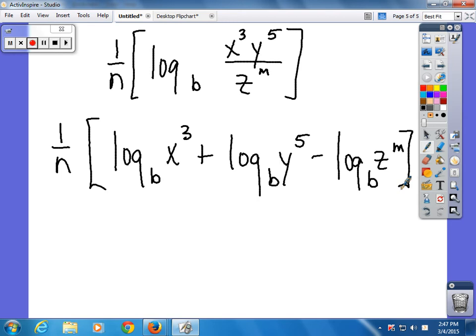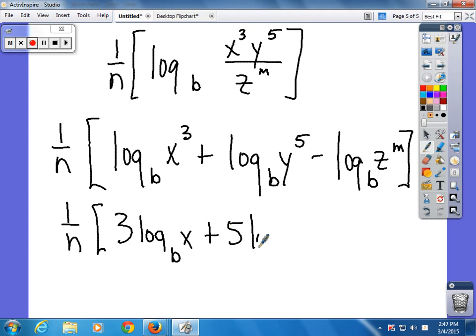And now you bring each exponent out. So that'd be 1 over n, brackets, 3 log base b of x plus 5 log base b of y minus m log base b of z, close brackets.